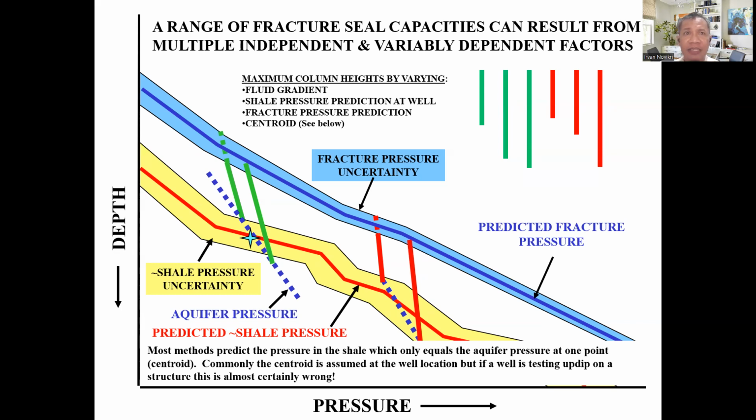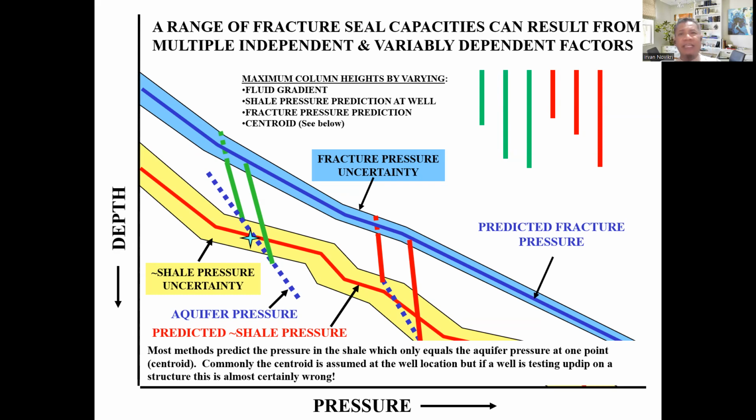The next term is predicted shale pressure. It is the estimated pressure in the shale formation, indicating that the predicted pressure may not be entirely accurate or reliable. It suggests that there is uncertainty associated with the predicted pressure in the shale formation, which can be influenced by a number of factors. Again, fluid gradient, fracture pressure prediction, and shale pressure prediction as well.